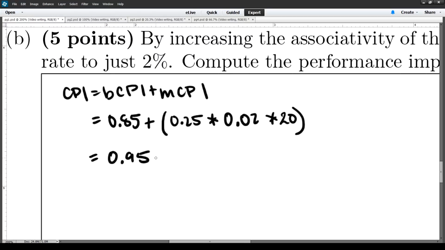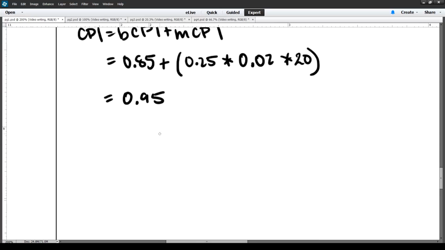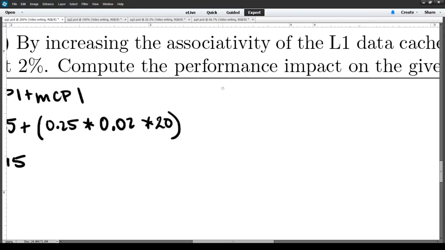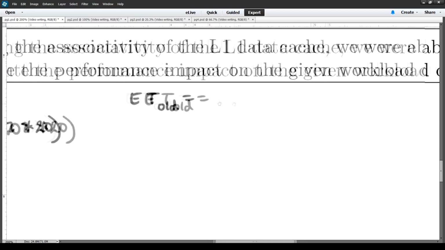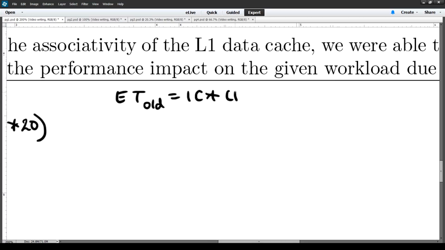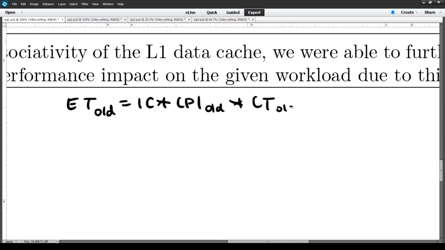And we're going to compute the execution time ratios between the two caches that we're comparing. So again, we're going to write down every single equation that we know with the execution time. Execution time old equals the instruction count times the CPI old times the cycle time old.